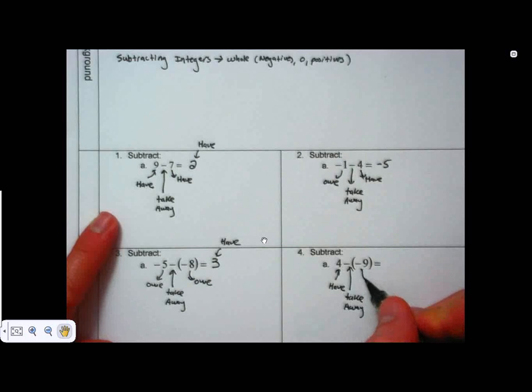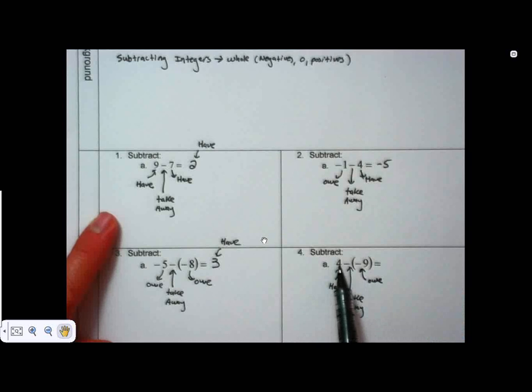They're taking away, in this case, $9 of debt. If I'm beginning by having 4, and then somebody takes away $9 of my debt, that means I'm $9 richer. Again, it's like the store giving you $9 back for an item you returned. So in the end, I'm going to have $13.